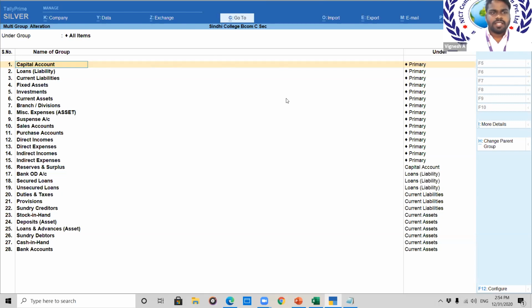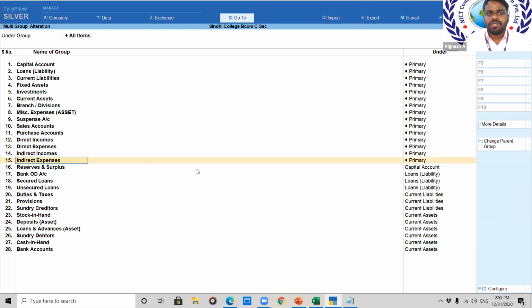Yes, you can see there are 15 primary groups, from 1 to 15. That is, from your capital account to your indirect expenses are your primary groups. The remaining, from 16 to 28, are subgroups of those primary groups.